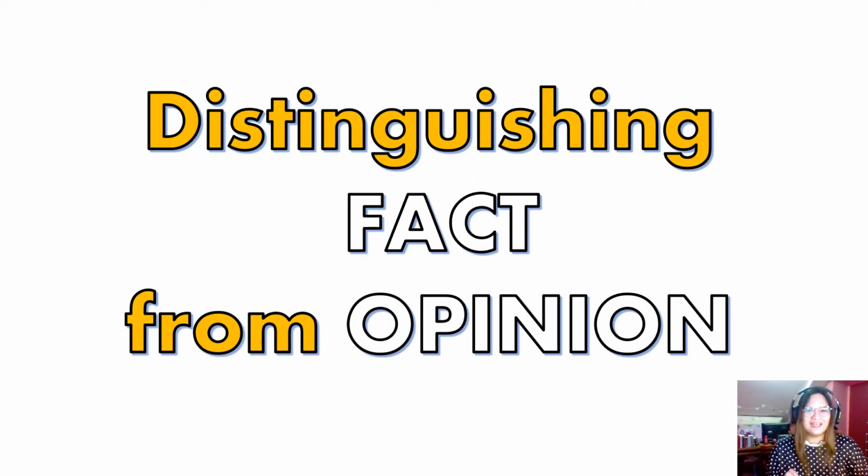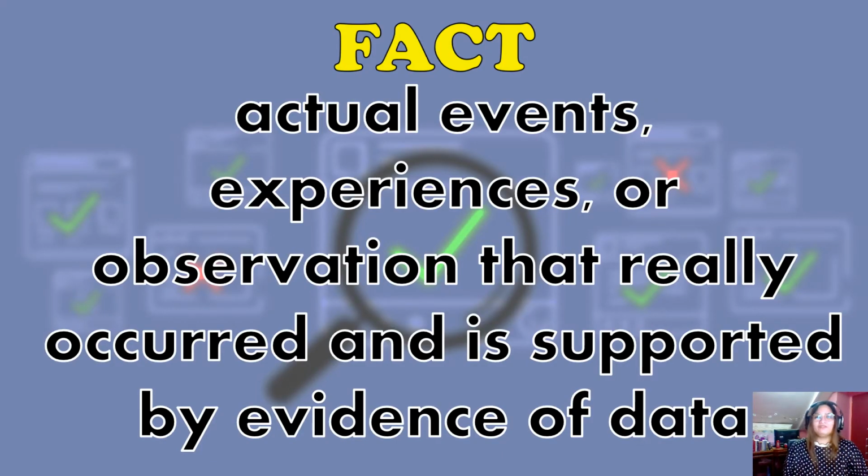Now, the next skill that you have to master as students of contemporary issues is distinguishing fact from opinion. What is fact and what is opinion? Let's go first with fact. When we say fact, it means it is absolute truth.